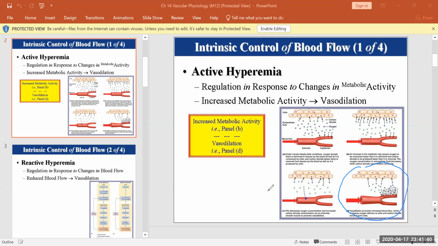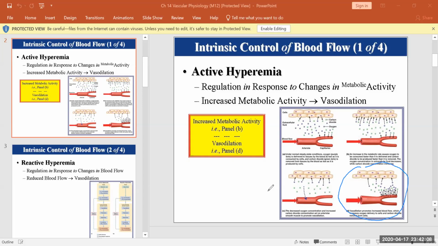The amount of nutrients consumed by systemic cells is also equal to the amount of nutrients being delivered by the vascular bed. The amount of carbon dioxide and cellular waste produced by the systemic cells will be equal to the same amount picked up by the blood vessels. Now we have homeostasis. Everybody's happy, right?